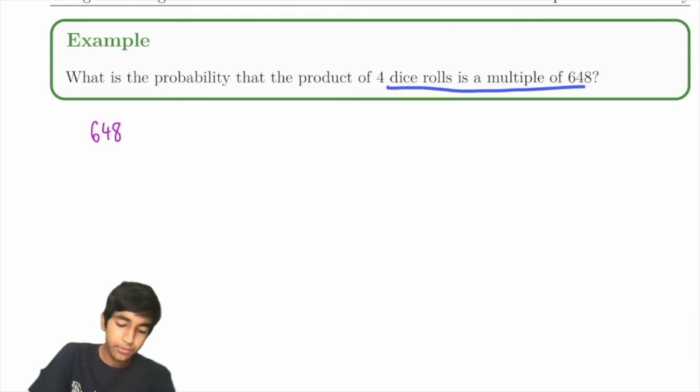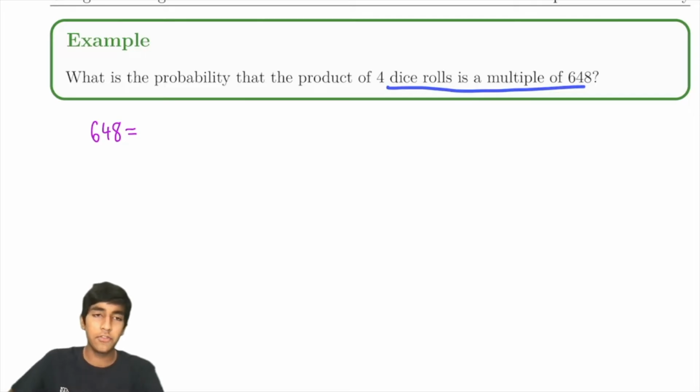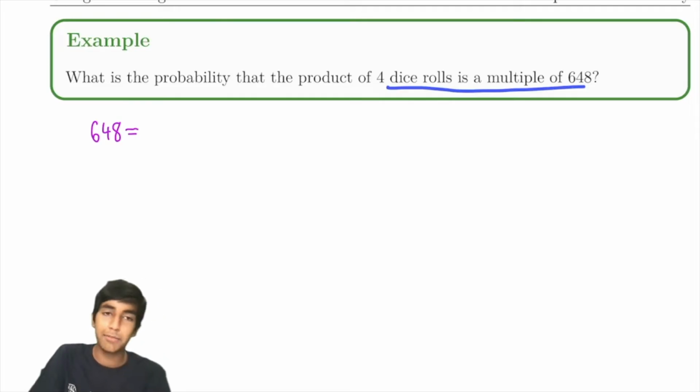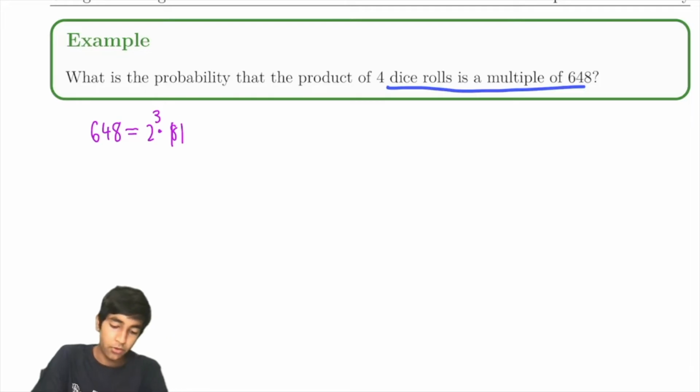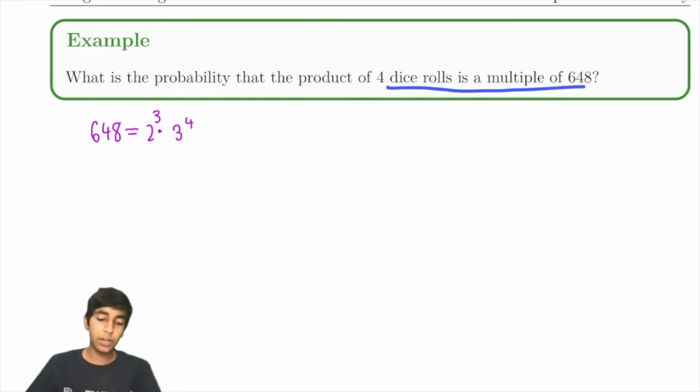Well, we should try to find the prime factorization for 648, because we don't really know what it means to be a multiple of 648 until we find its prime factorization. 648 is 2 times 324, which is 2 squared times 162, or 2 cubed times 81. And 81 is just 3 to the 4th power. So 648 is 2 cubed times 3 to the 4th.